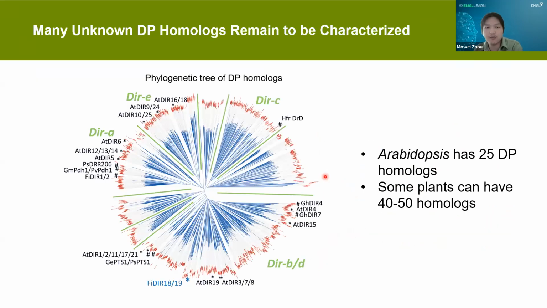So why do we want to study more of those dirigent proteins? I just mentioned a few of the homologs in the previous few slides, because the dirigent proteins are a large family of proteins. This is the phylogenetic tree of dirigent protein homologs in sequenced genomes of plants. Each line is actually one homolog, so you see there are a lot of them.